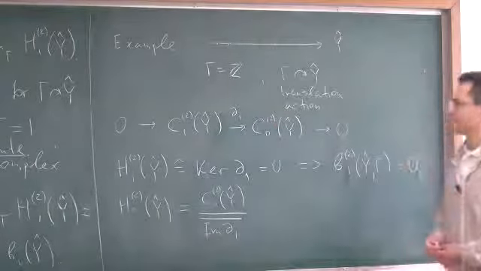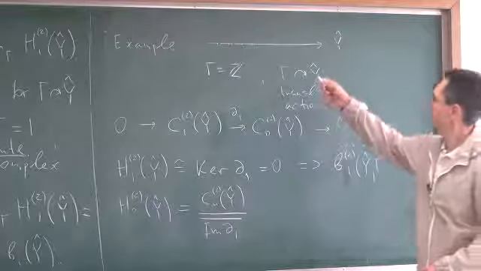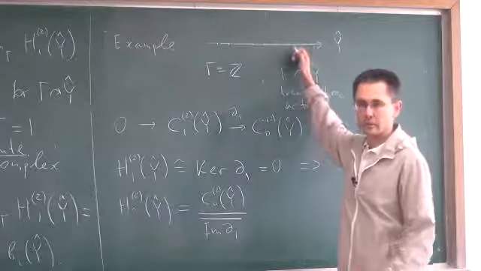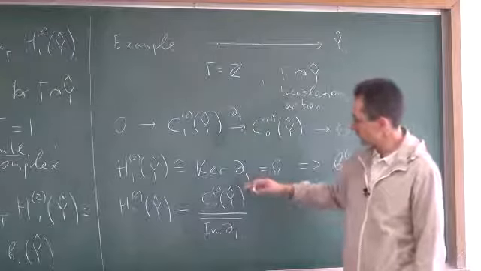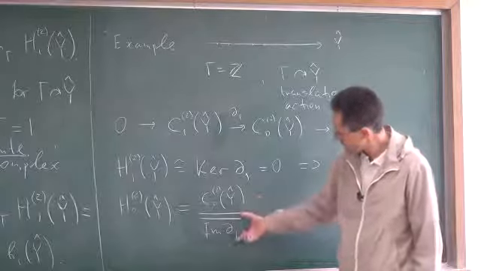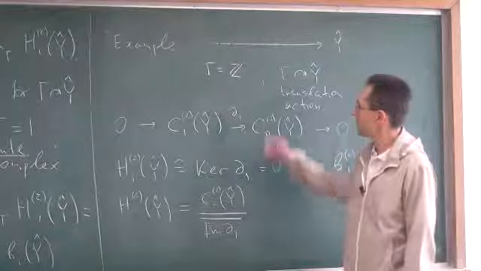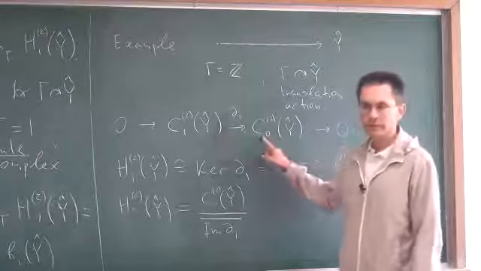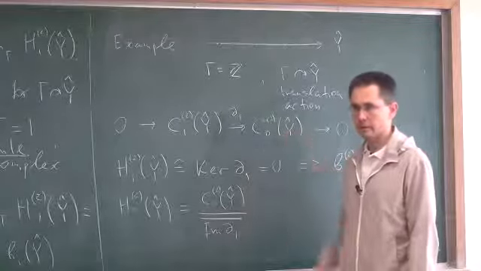How can one prove this? There are two ways. You either argue directly, to show that the closure of the image is the same as the whole space. In other words, the image of this map is dense in the space of zero-dimensional chains.